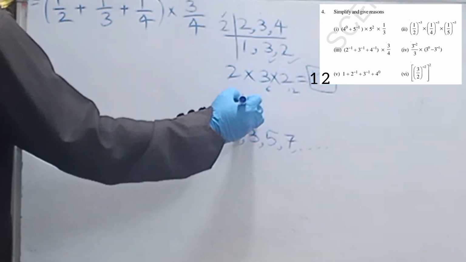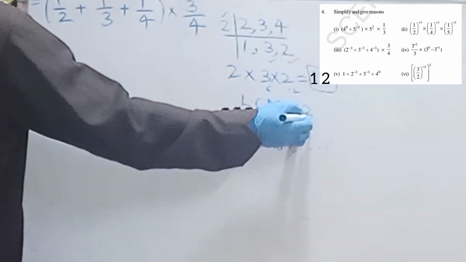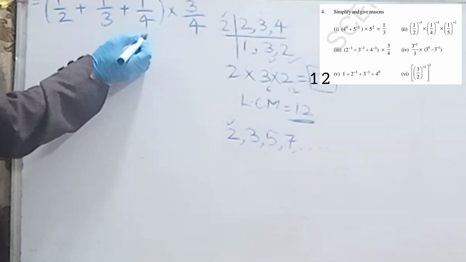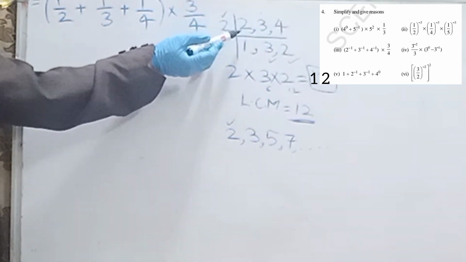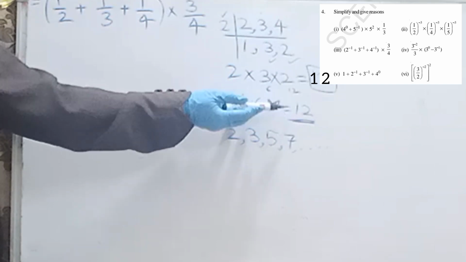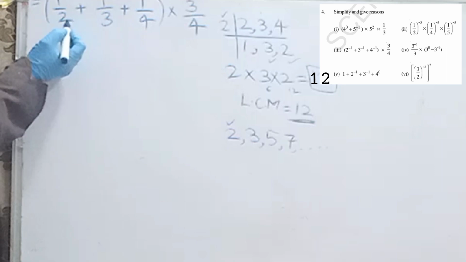That is, the LCM is 12. Now why did we take this LCM? To add the fraction. When we are adding fractions, we have to take the denominators' LCM. Whatever answer we get in LCM, we have to change these denominators into that LCM.